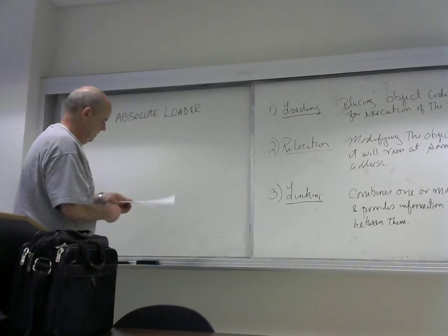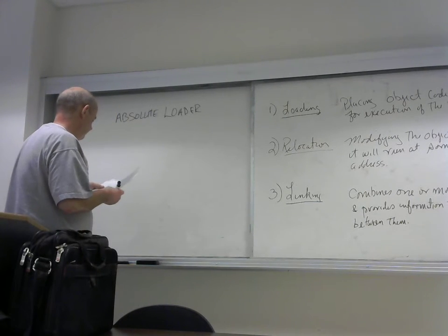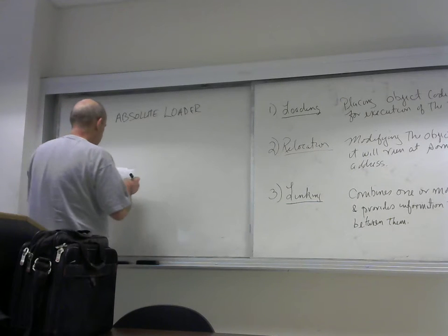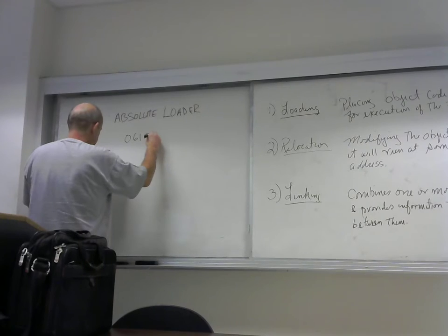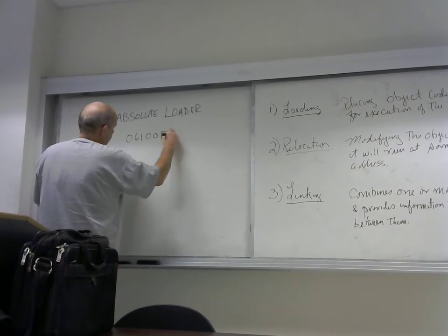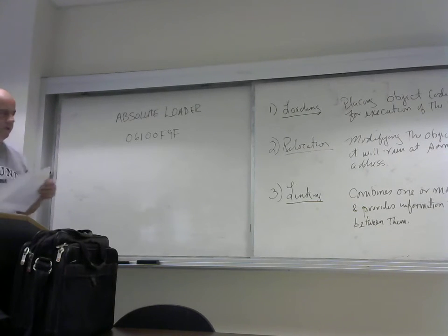What do we have here? We have 0, 6, 1, 0, 0. Okay, what are the pieces of this?